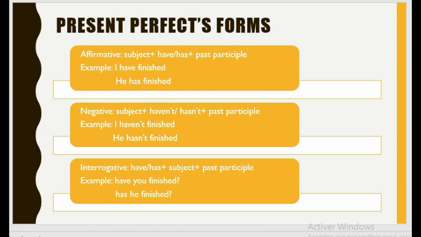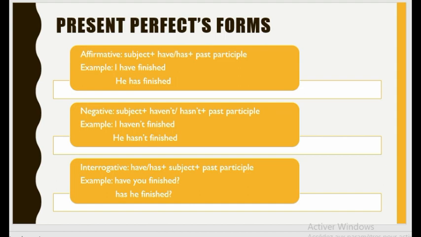For example, I have finished or he has finished. So the subject is I, the auxiliary is have, and in the second example the subject is he, the auxiliary is has. I have finished, he has finished.